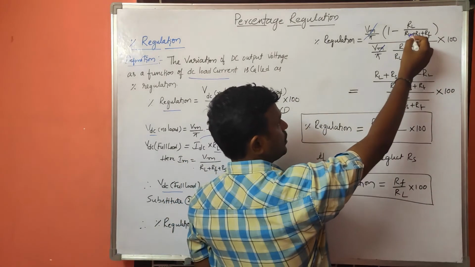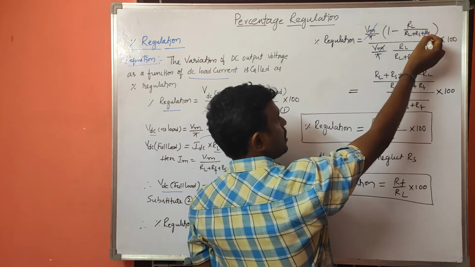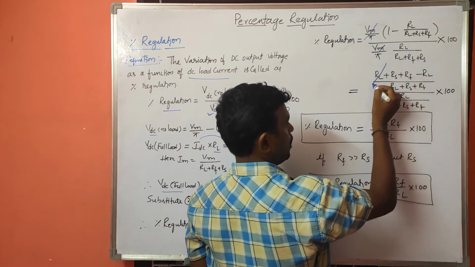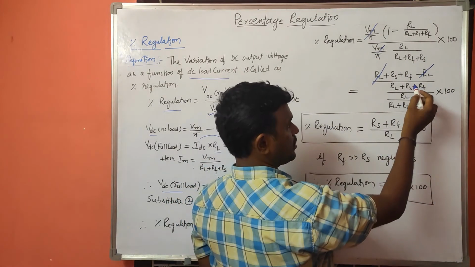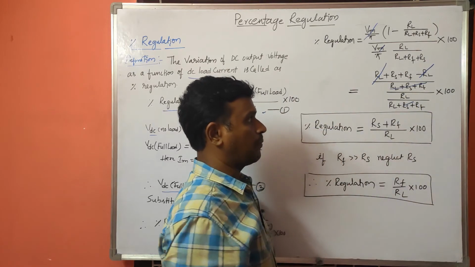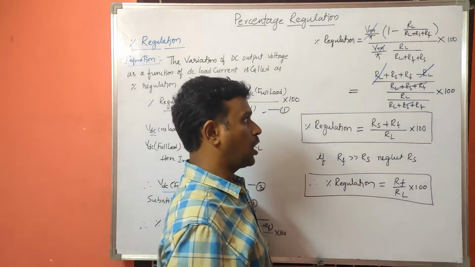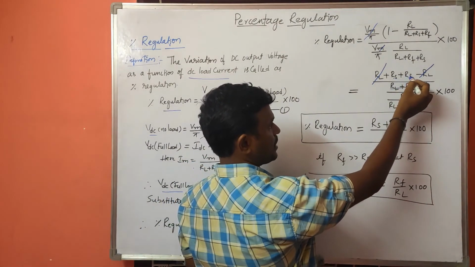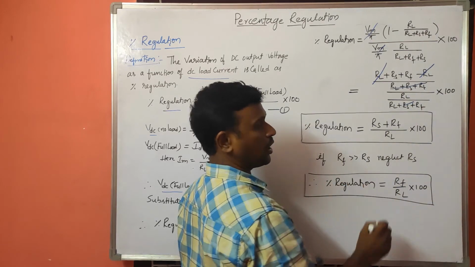If you take the LCM here, it becomes RL plus Rs plus Rf minus RL, so RL and RL will cancel. The RL plus Rs plus Rf terms in numerator and denominator also cancel. What remains is Rs plus Rf, divided by RL, into 100.